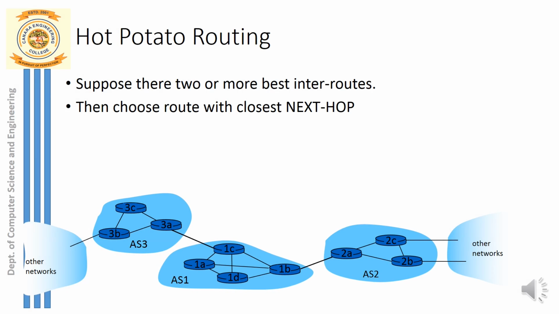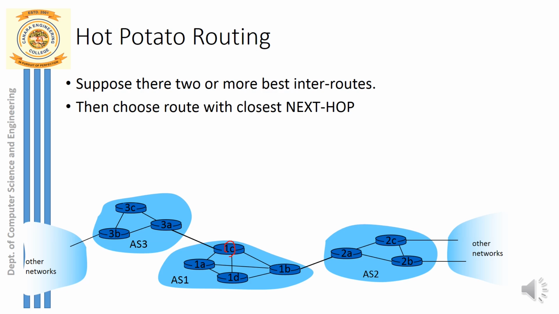We have hot potato routing here. Hot potato routing is something like this: suppose there are two or more best routes. So what is the meaning of two or more best inter routes? For example, I have a router 1C here, and router 1C can reach 1D directly, and 1C can also reach 1D via 1A, right? Suppose the cost to reach 1D from 1C directly and the cost via 1A are the same, or both paths are shortest paths.